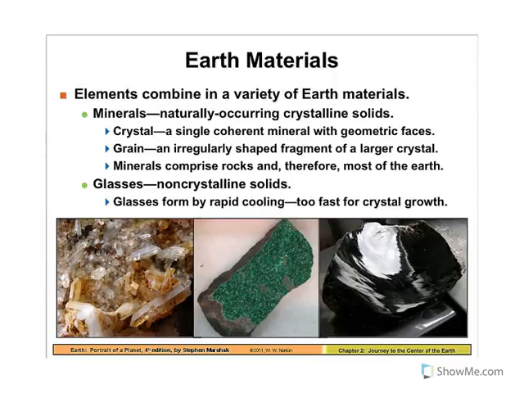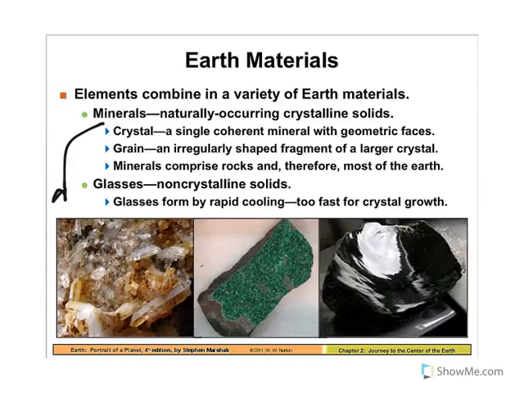We can have crystals, which is one mineral grain, and this guy is a crystal with really nice faces on it. And then we can have a grain itself, which you can think of like a grain of sand. That's a very small piece, and it tends to be very irregular in shape.